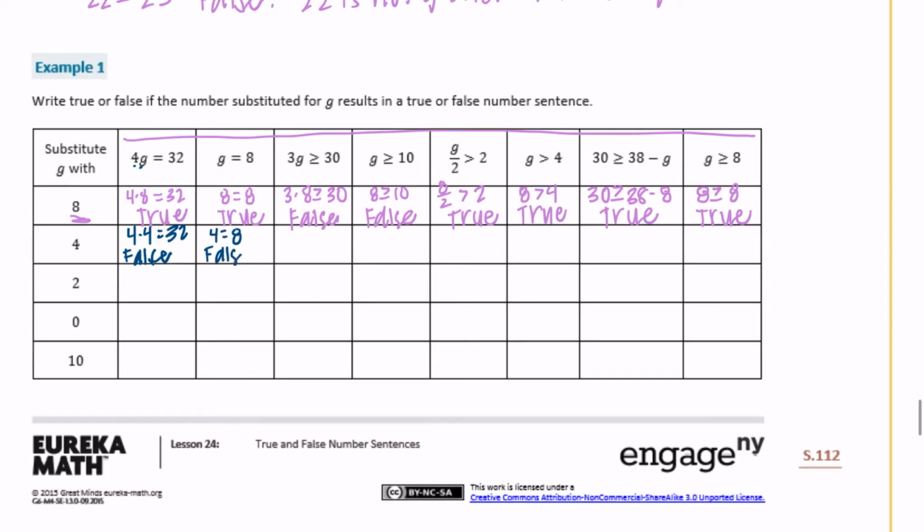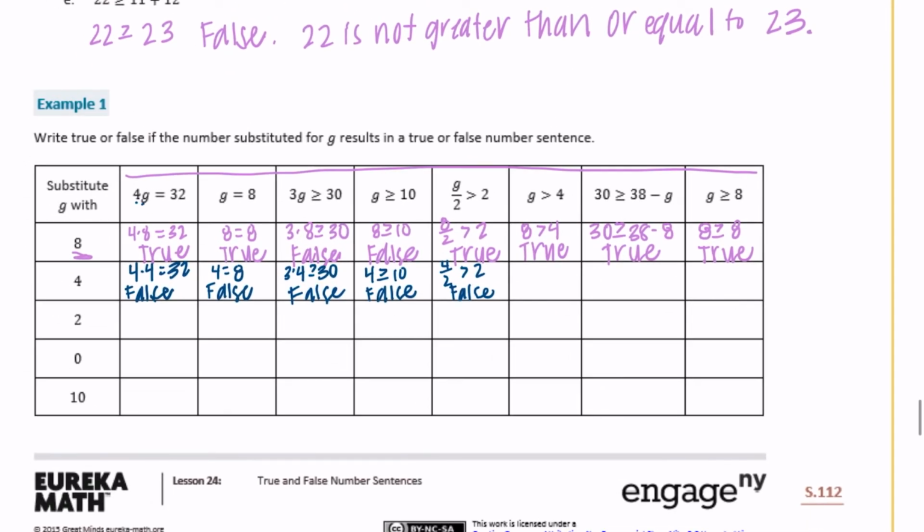False. 3 times 4 is greater than or equal to 30. 12 is greater than or equal to 30 is false. 4 is greater than or equal to 10. That is false. 4 over 2 is greater than 2. 4 over 2 is equal to 2, so 2 is not greater than 2. They are equal, so this is also false.